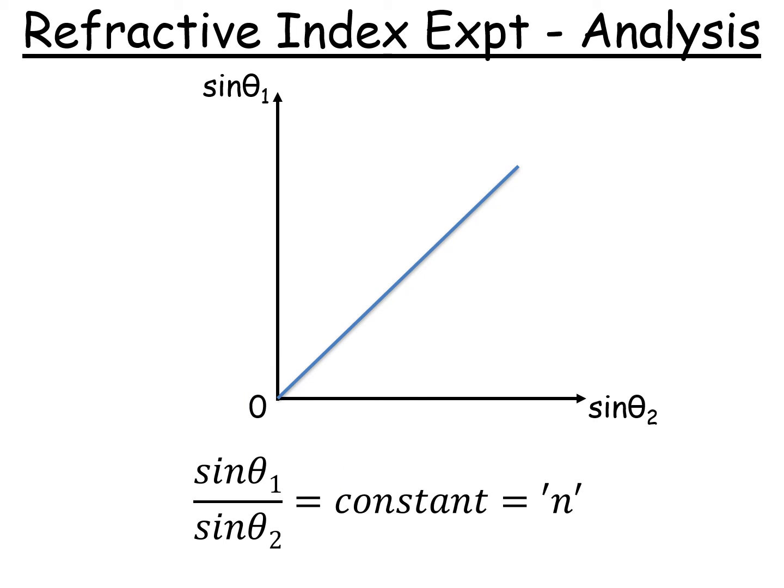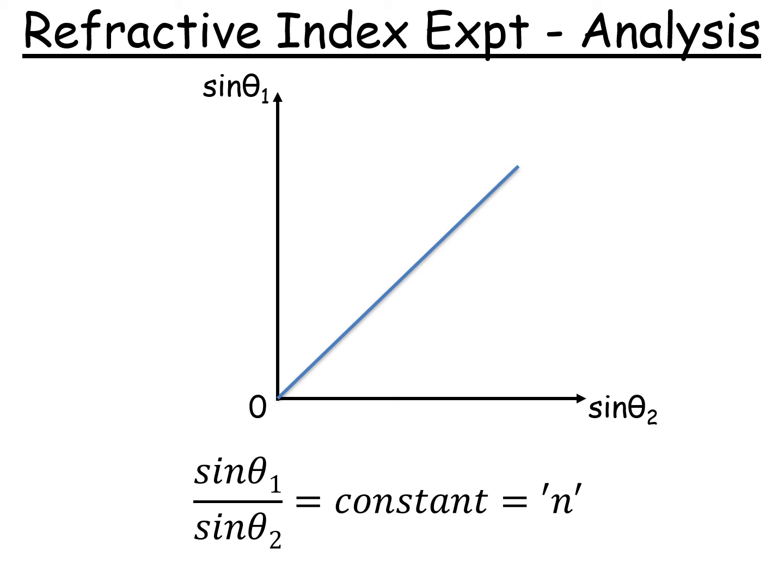Now, in fact, what you should get is if you plot sine theta 1 on the y-axis and sine theta 2 on the x-axis, you should get a lovely straight line like this, which, if you remember, means that it's a proportional relationship. And if we work out the gradient, it should be a constant because it's a straight line.